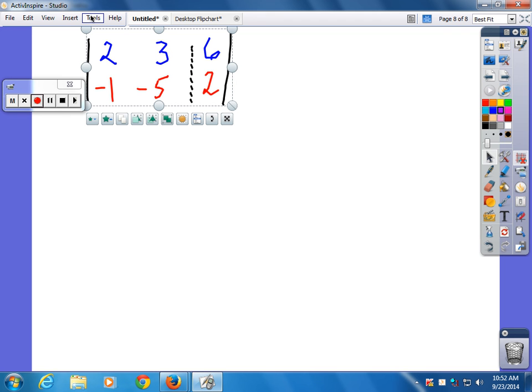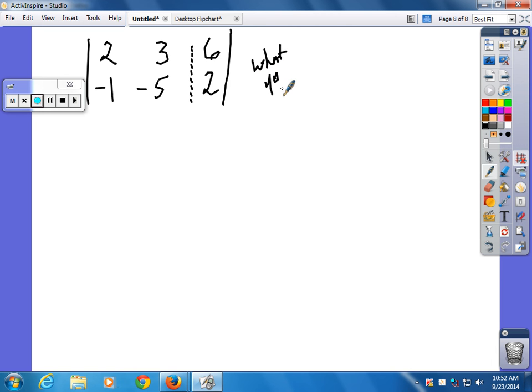Now, a matrix, what you would like to have in a matrix, I'll just say what you want. It is basically the matrix that looks like this.